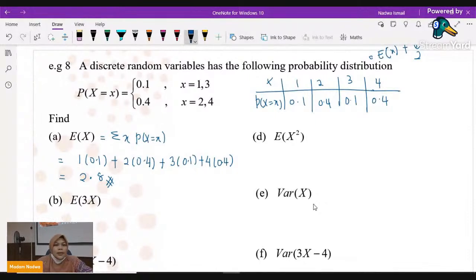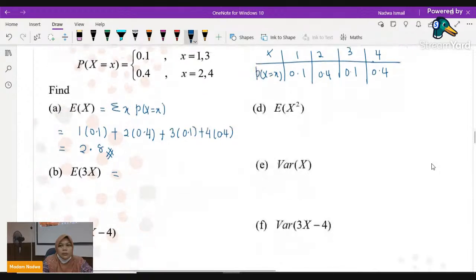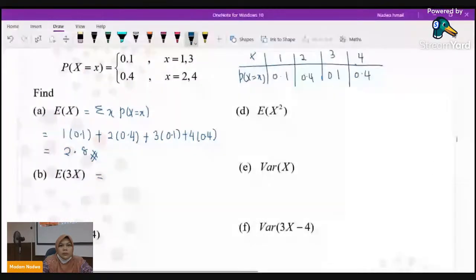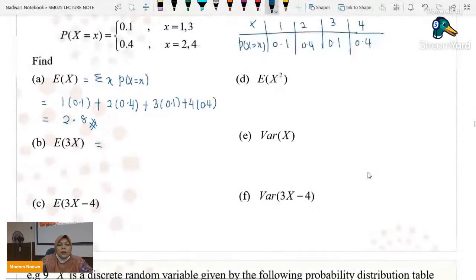So seterusnya dia tanya E(3X). Perlu ke kita cari pula summation of 3X times P(X = x)? Okay, tak perlu sebab kita dah ada properties kita. So dia kata E(3X) is equals to 3E(X). So 3 times 2.8 sahaja.